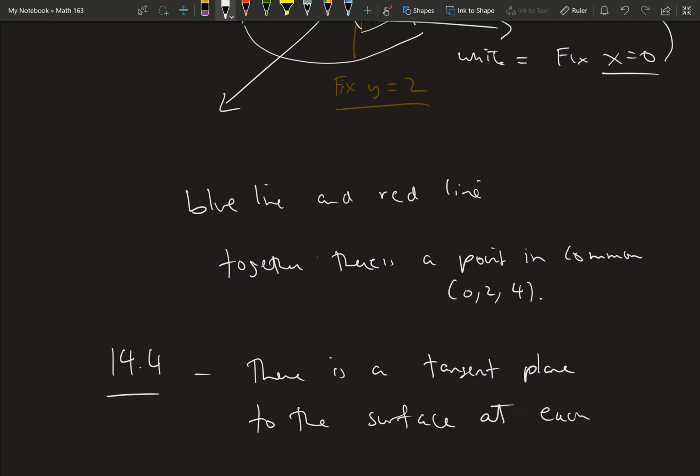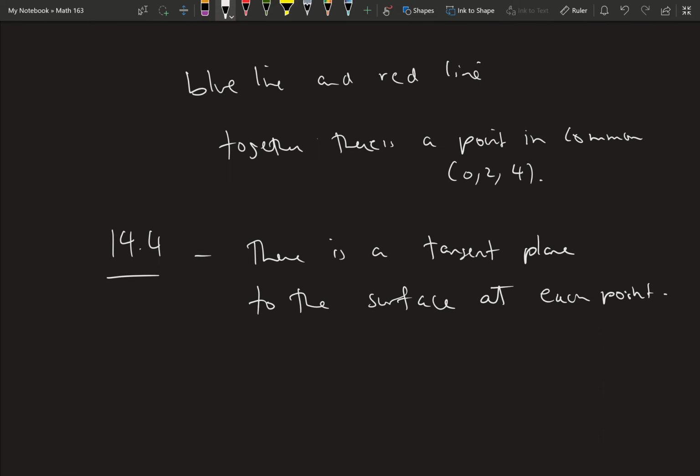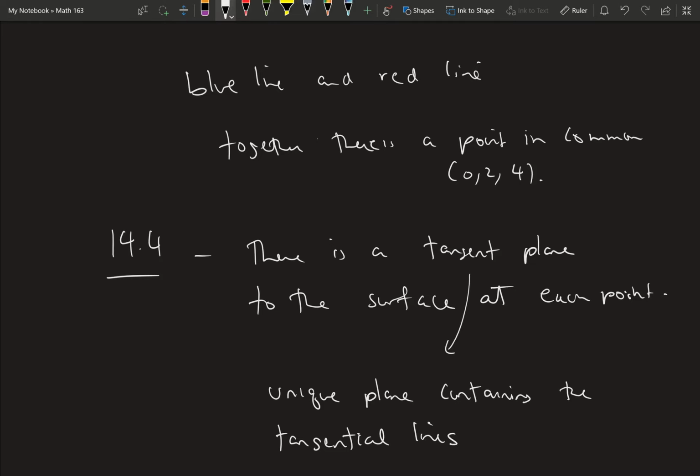In this case, we looked at the point 0, 2, 4, and this tangent plane is essentially the unique plane containing the tangential lines in the x and y direction.